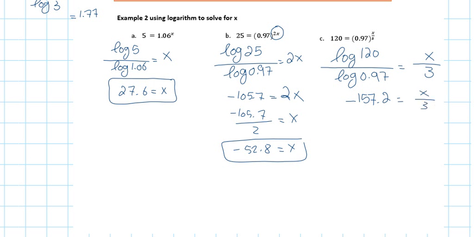And then multiply by 3. Right? Yes. And what do you get there? 471?